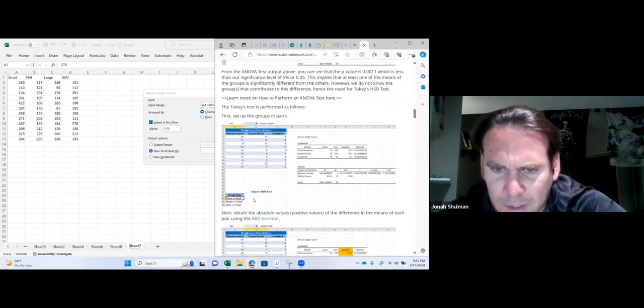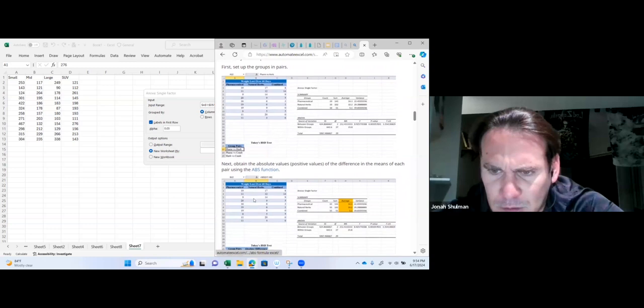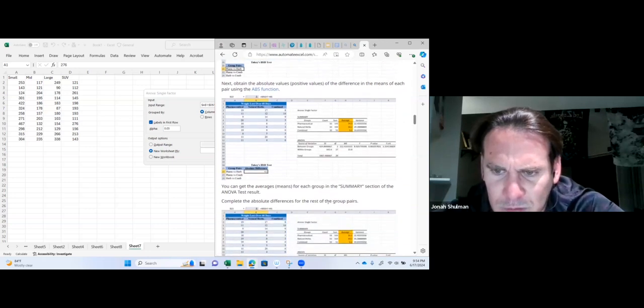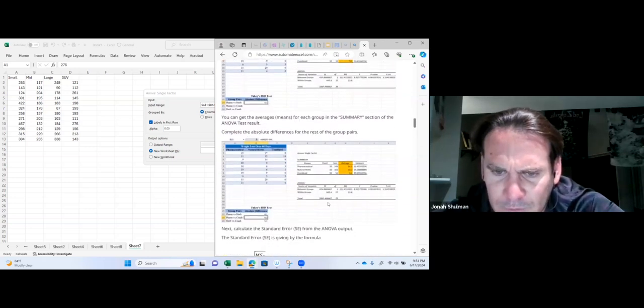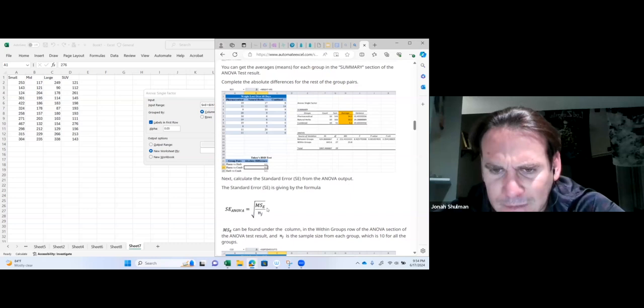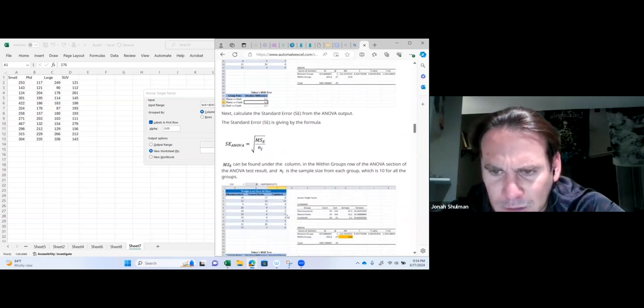So we have to group the pairs. We get the absolute values of the differences for each, find the average of each, and calculate the standard error, which is the square root of the mean square error divided by n.